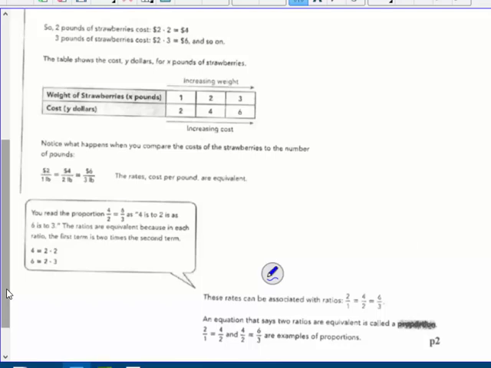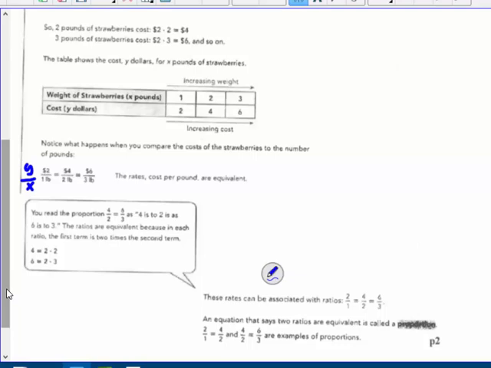Notice what happens when you compare the cost of the strawberries to the number of pounds. So $2 a pound, notice that it's the y on the top and the x on the bottom. That's important. $4 for 2 pounds and $6 for 3 pounds. They are all the same rate. They are equivalent. They are equal to $2 per pound.